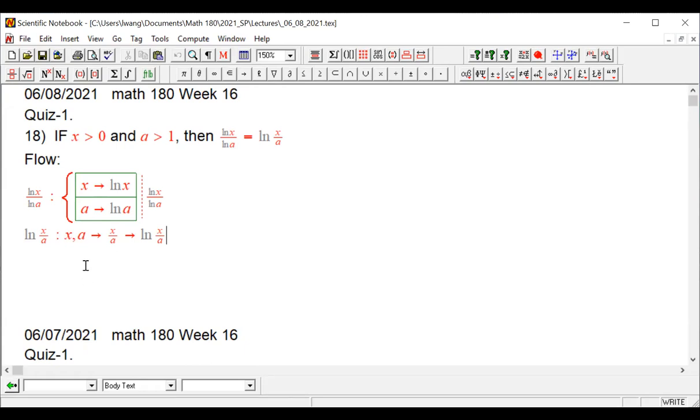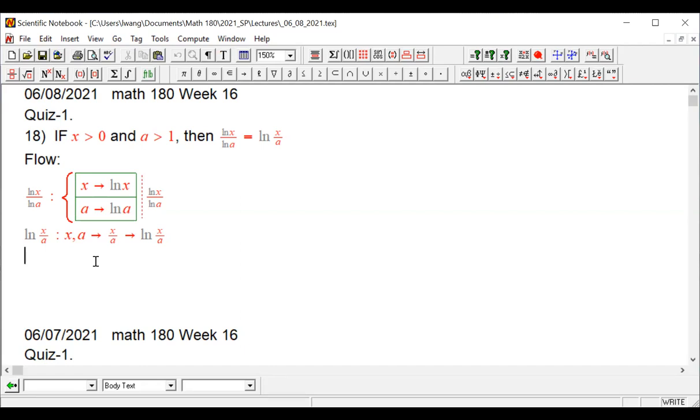You'll be thinking naturally, is there a counterexample? Because usually if it's false, there should be a counterexample we can find. So for a larger than 1, let's see if we can find a counterexample.